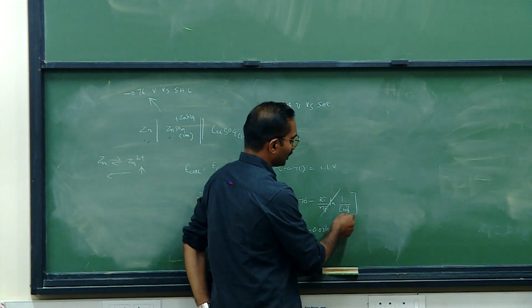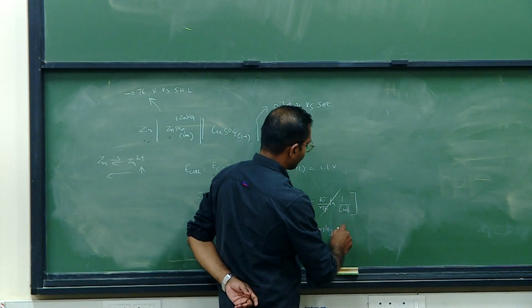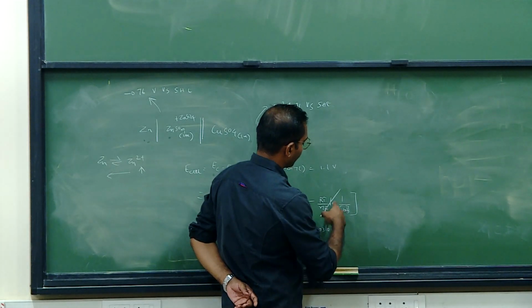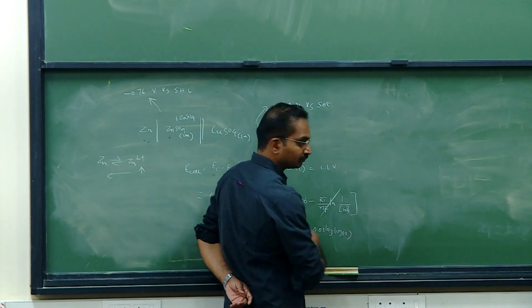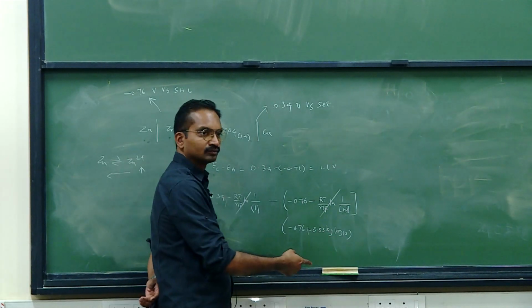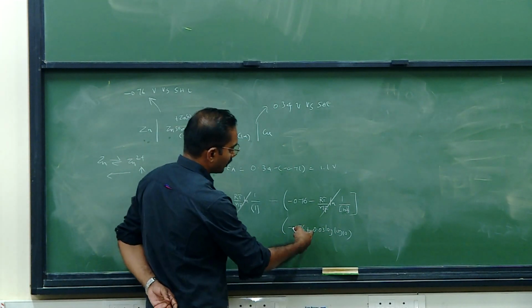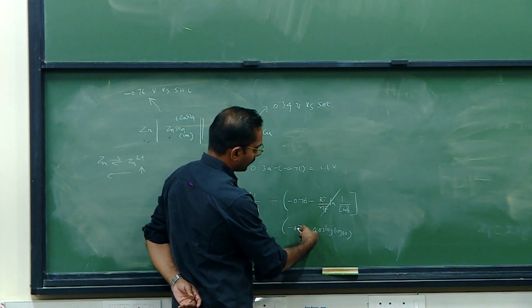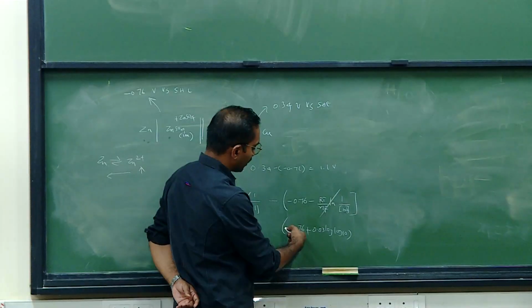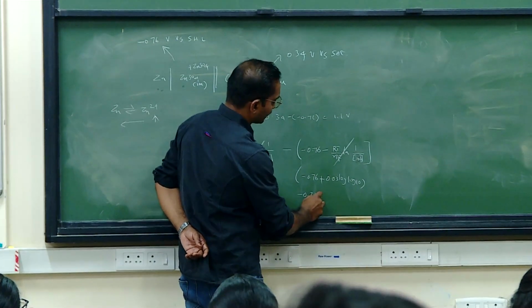Then it becomes minus log, minus, then plus log 10, correct? Log 10 is 1. So you are going to shift this by 0.76 plus this much voltage, 30 millivolt. 30 millivolt is gone, which means this is going to be minus 0.73.